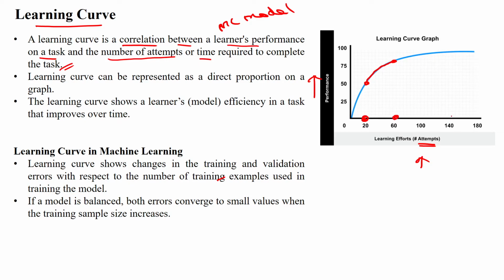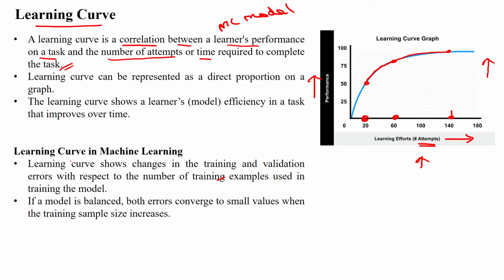When you are giving 140 attempts, our performance increases very much, near to 90%. So when you are increasing the number of attempts, the performance of the model also increases. This correlation between the number of attempts and the performance of the learner or model is provided by the learning curve, which is represented by using the graph.